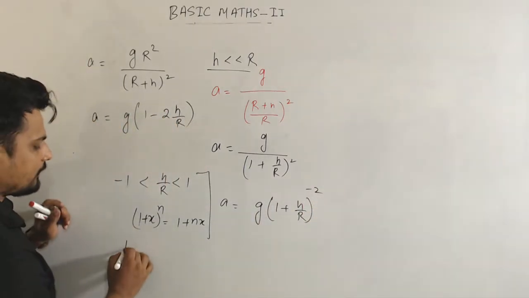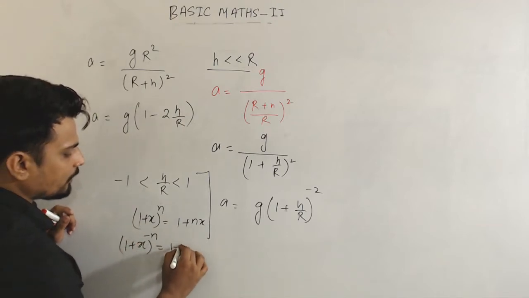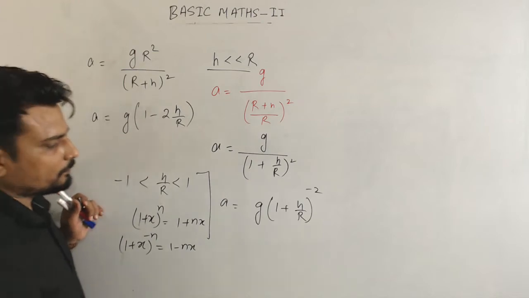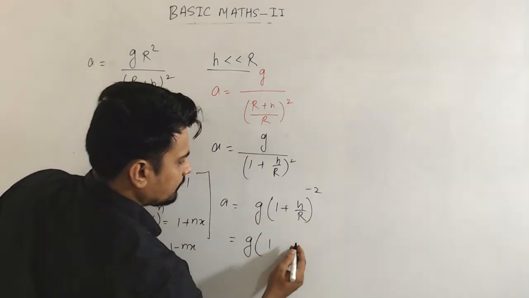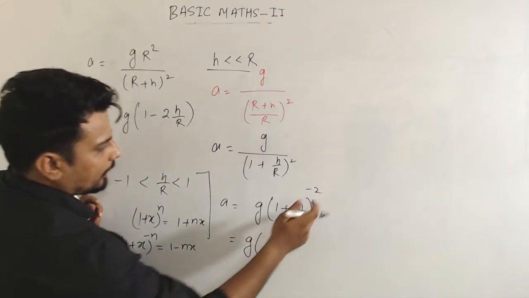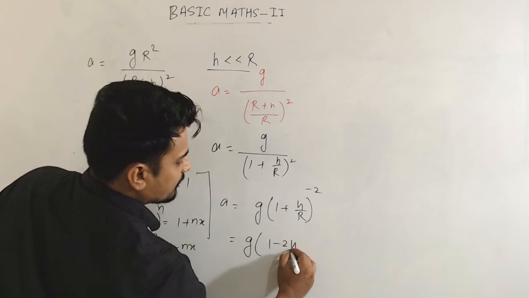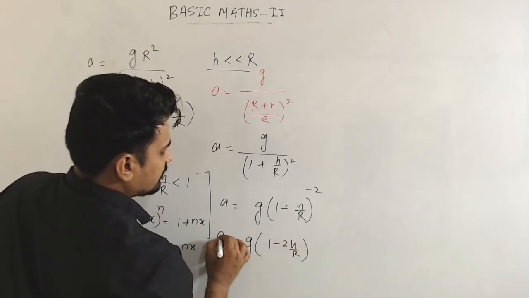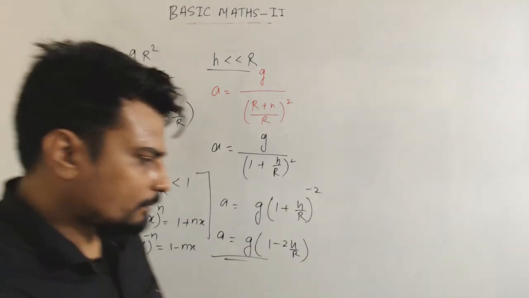If you remember, just now we did that 1 plus x to the power of minus n is 1 minus nx, isn't it, guys? So this part I would write as g times 1, n is 2, x is h by r over here. So this is the proof that we were looking for.